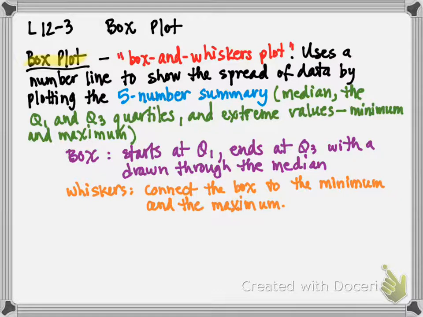So what I'm going to do is, let's go to a new screen so we can draw a box plot so you can see what it looks like. I'm just going to create one for you. So it has a number line so that we can understand where the points are. We're going to count from 80 and we'll stop at 220.